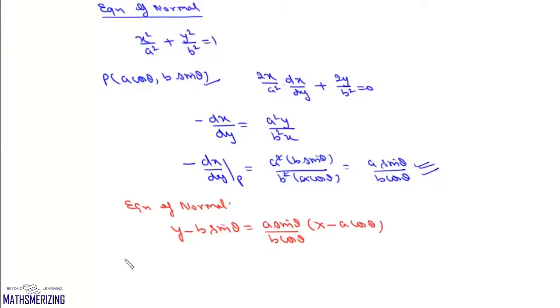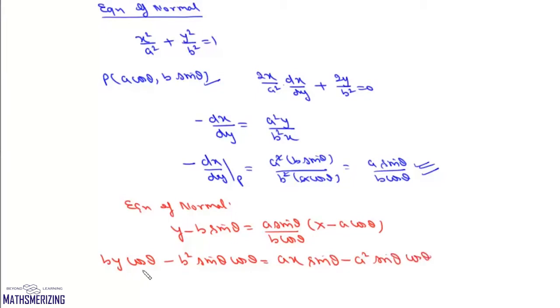So we'll cross multiply, then we can write b y cos theta minus b square sin theta cos theta, and here it will be ax sin theta minus a square sin theta into cos theta.